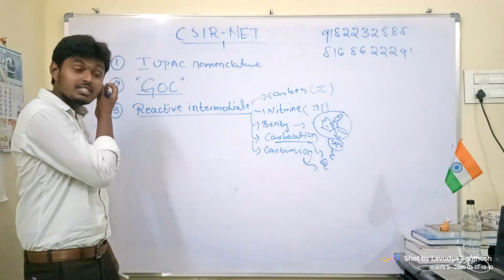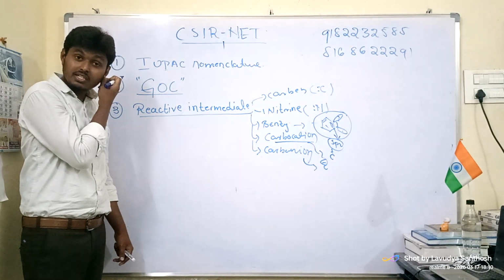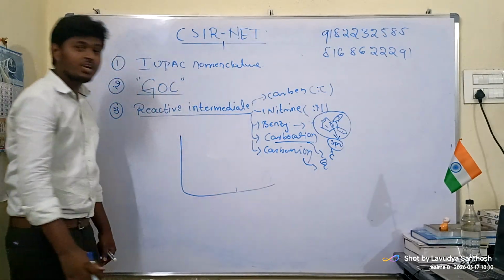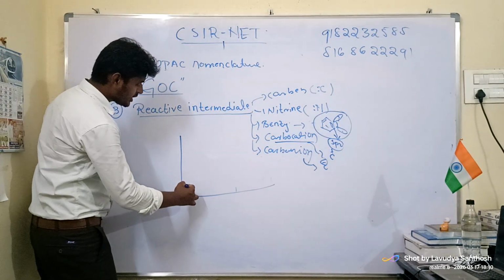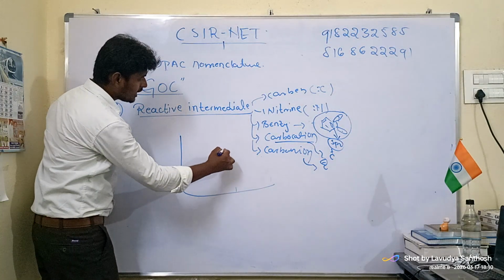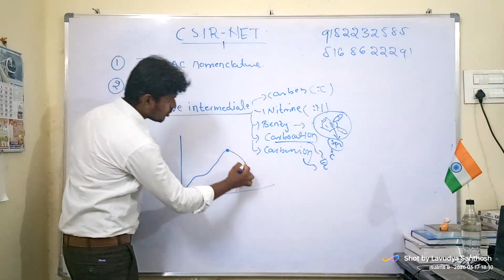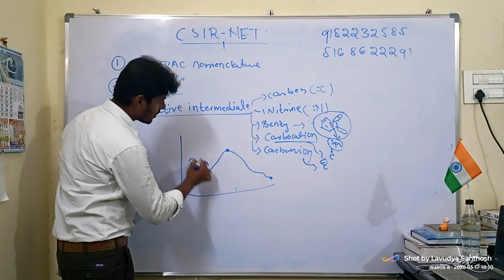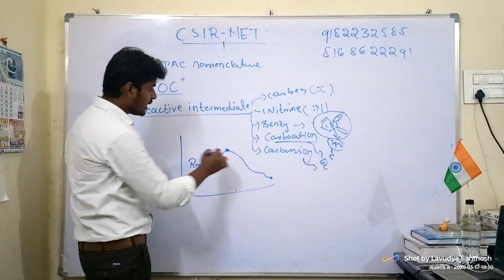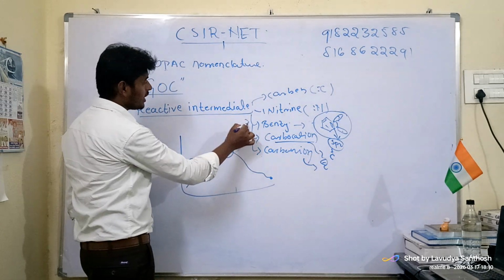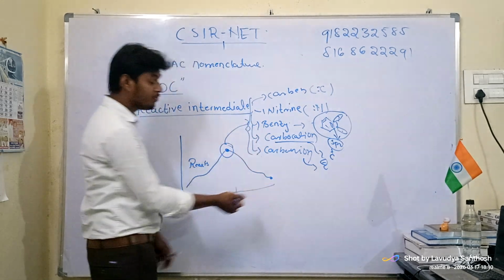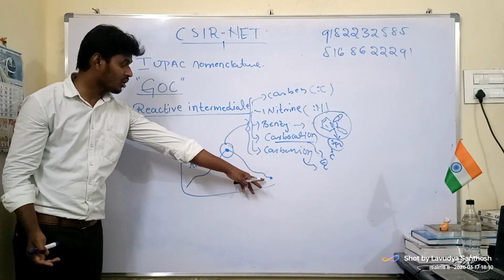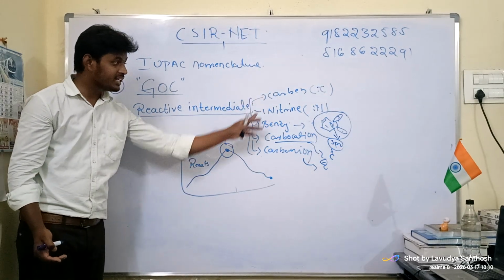Reactive intermediates are the stages, or you can say compounds in a transition state. For example, when a reaction is proceeding, the reactants reach the maximum level, and then the products. Before the product comes out, there is a stage that is the intermediate stage.